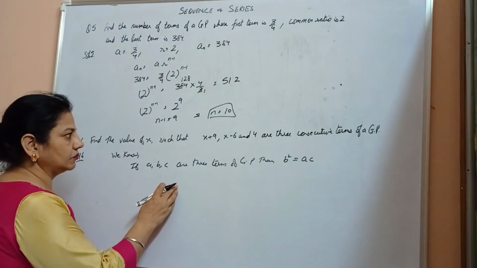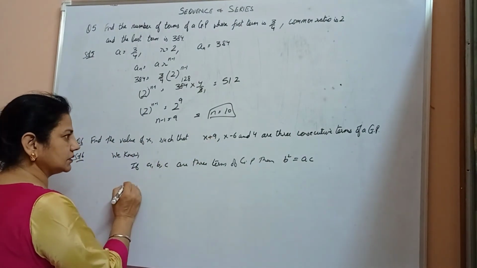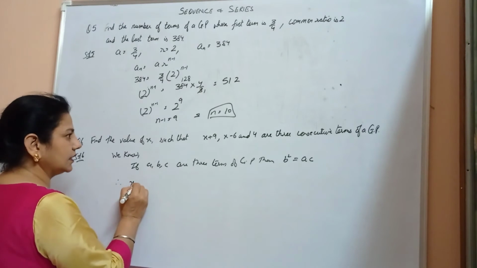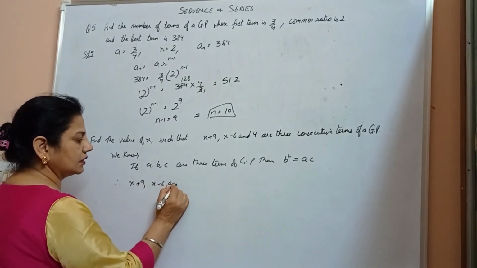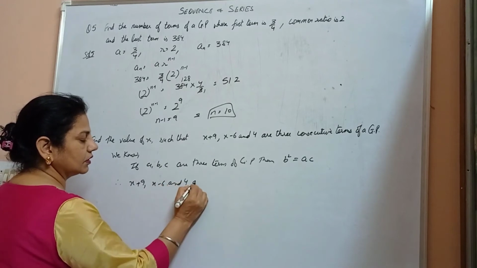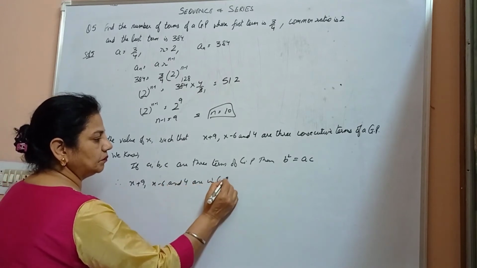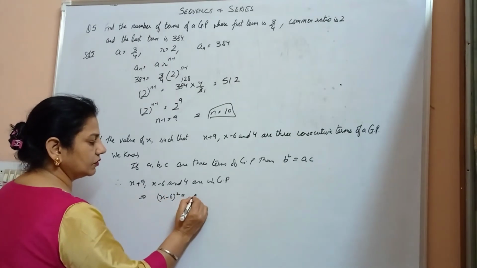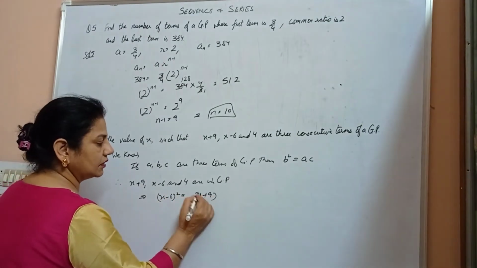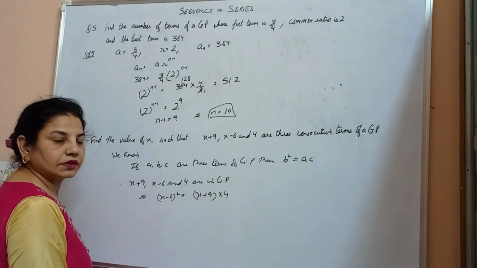Therefore x plus 9, x minus 6 and 4 are in GP implies x minus 6 whole square should be equal to x plus 9 into 4.